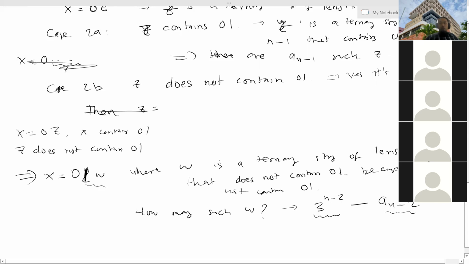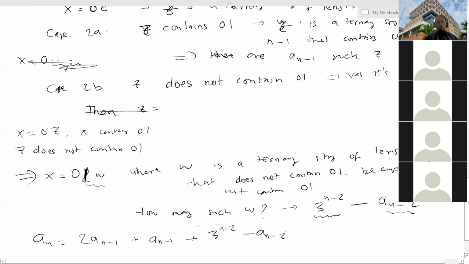So therefore, we have that a_n must be, from the first case, 2a_{n-1}, from case 2a we have a_{n-1}, and from case 2b we have 3 to the power of n minus 2 minus a_{n-2}.